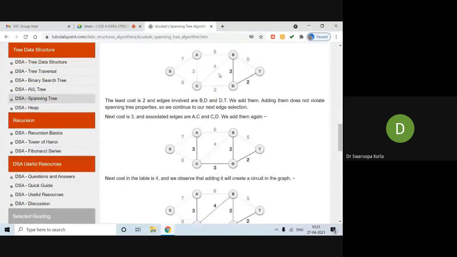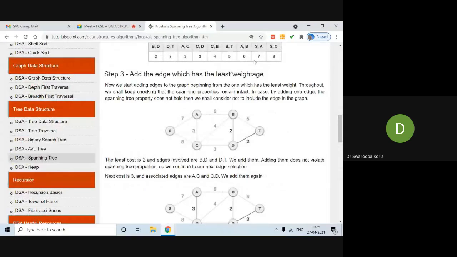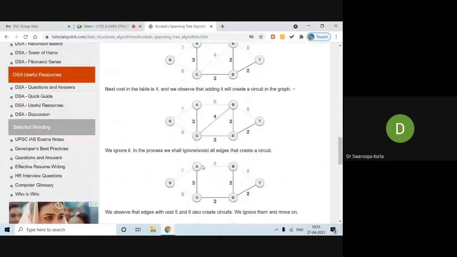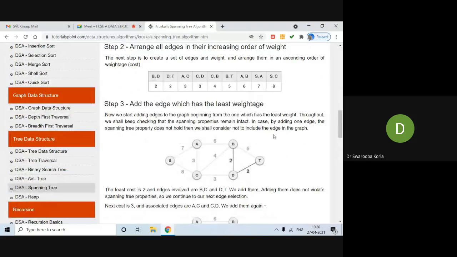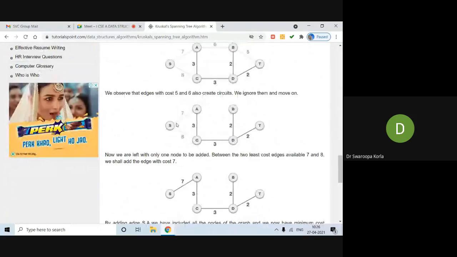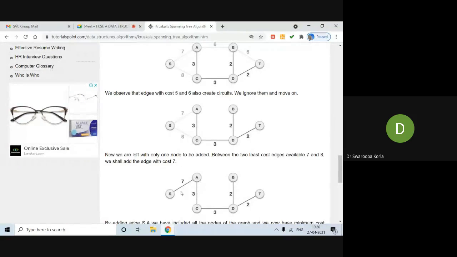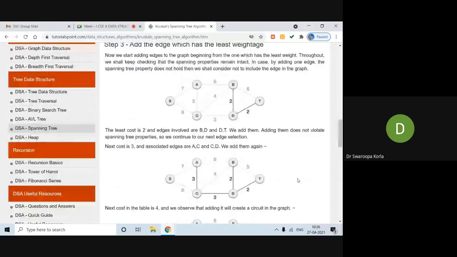And now you need to check the next one, A to B. See, look at this graph again. If I add A to B, it is also forming the circuit. So ignore this one. And look at the next entry, S to A. See, if you are adding S to A, it is not forming any cycle. So you can add. S to A I can add.